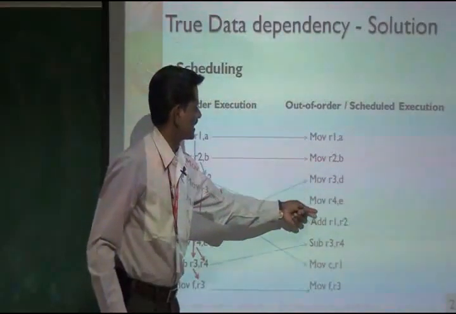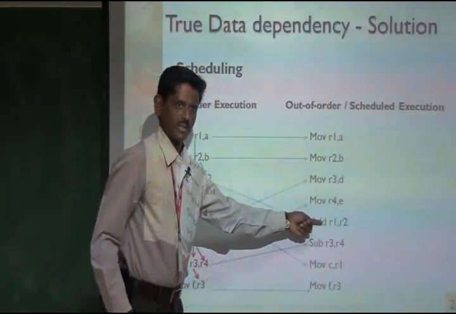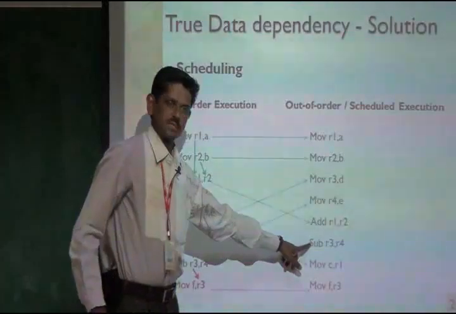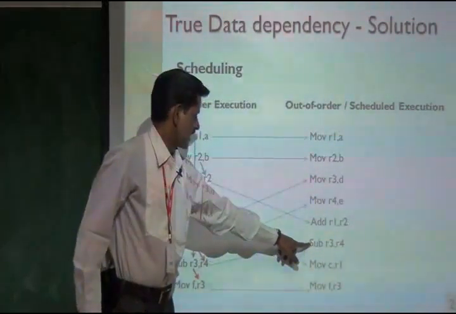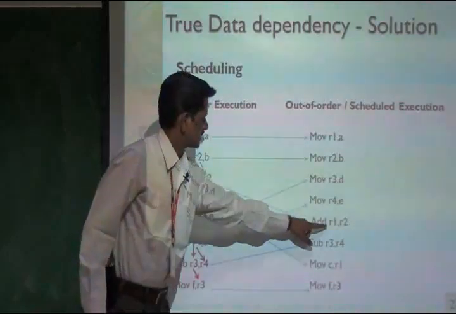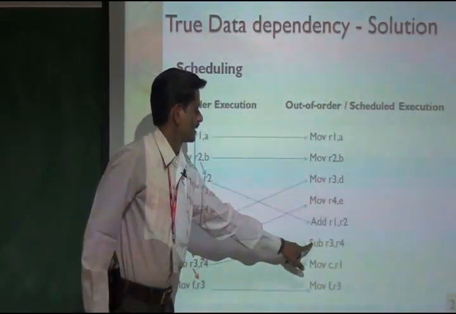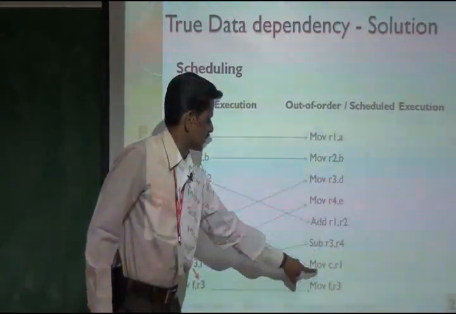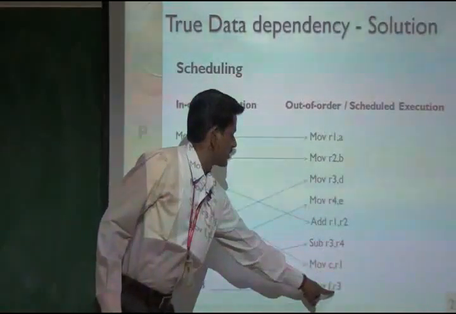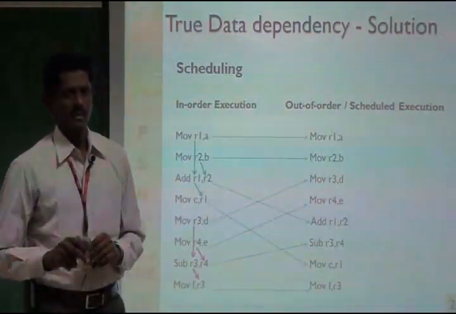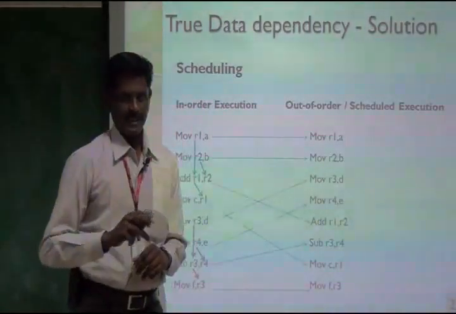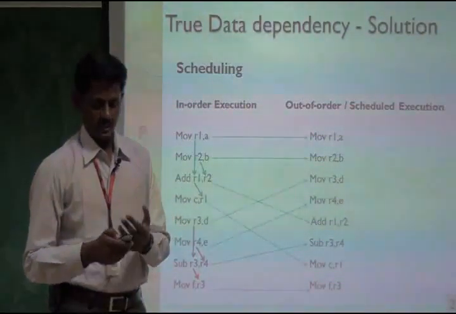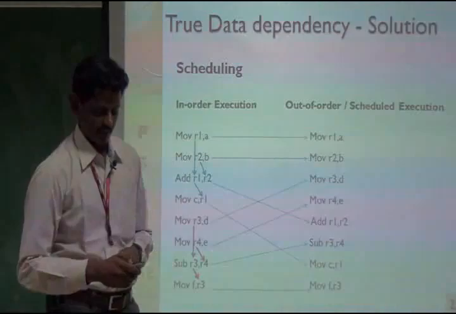During this time, the necessary operands come to this unit, so we need not apply any stall. Similarly, for the sub instruction, the dependent values are from the third and fourth, so we have enough time here to read the data in time. The result of R1 may be moved here, the result of R3 may be moved here. So by scheduling, which is nothing but reordering the execution, we can highly reduce the stalls in true data dependency.